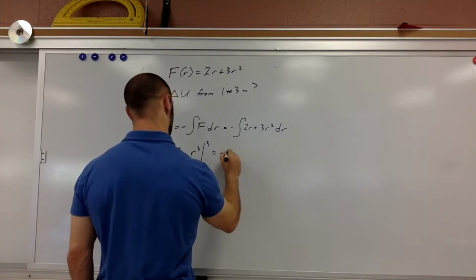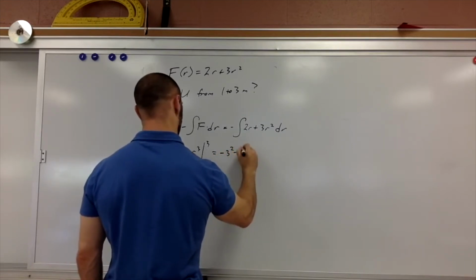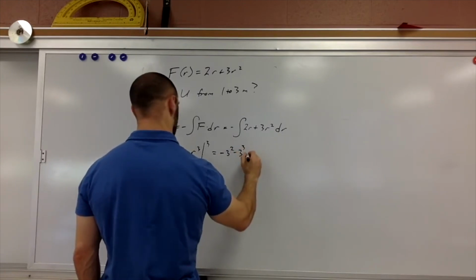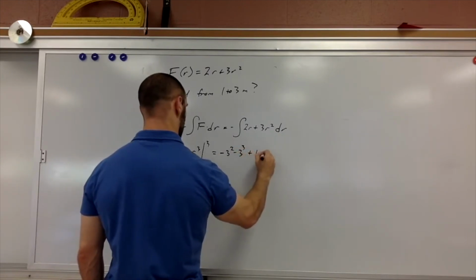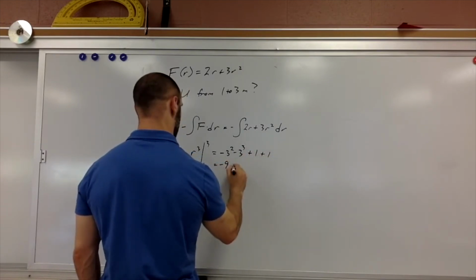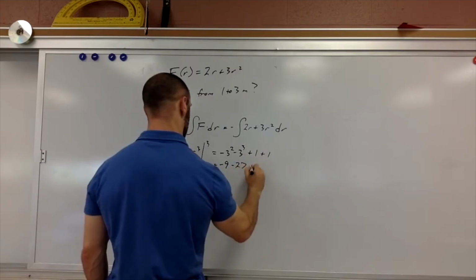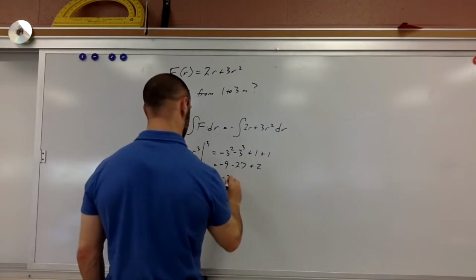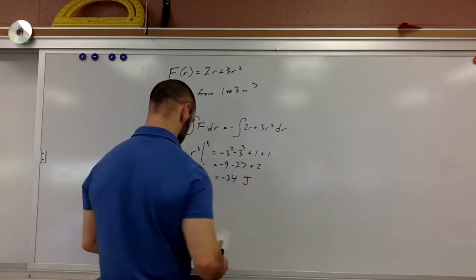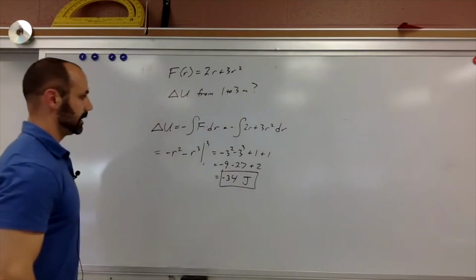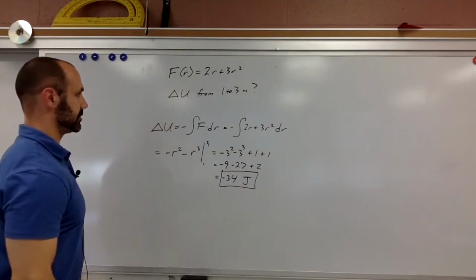So negative 3 squared minus 3 to the third power. And then minus, so plus 1 plus 1. So this is negative 9 minus 27 plus 2, so negative 36, so negative 34 joules.